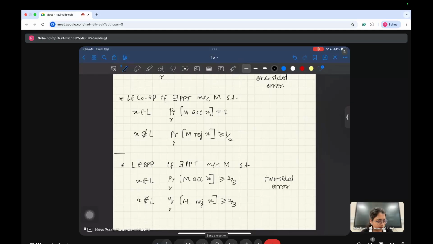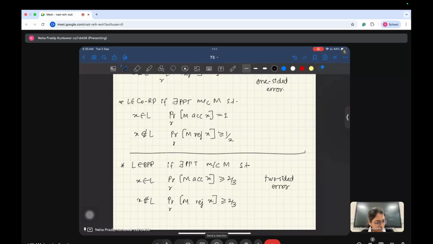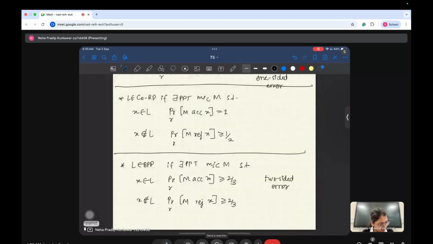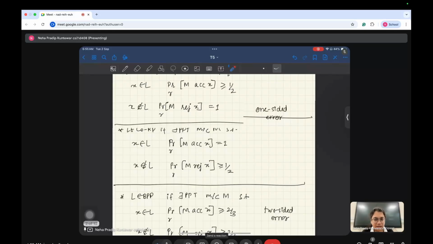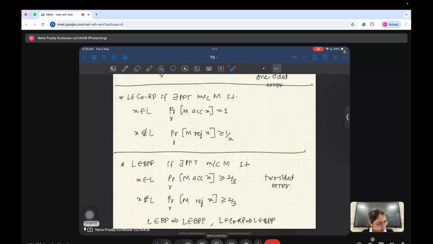That's the definition, and it can clearly be seen that if L is in RP, then L is in BPP, and similarly if L is in co-RP, then L is in BPP, because BPP is just a relaxation where you are allowed to make errors in the other case as well, whereas RP and co-RP are stronger guarantees. So the picture looks like this.